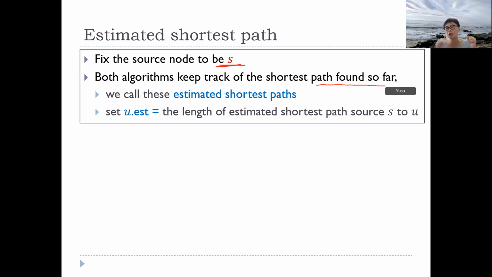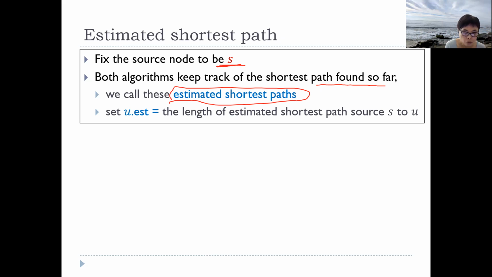You continue to explore the graph and maintain the shortest path you found so far, and this is called the estimated shortest path. Clearly the estimated shortest path has length larger than or equal to the true shortest path, because this is the shortest one you only found so far. Maybe you can find a better one later.